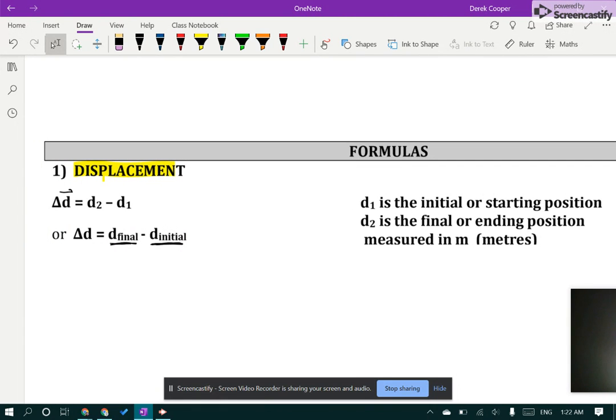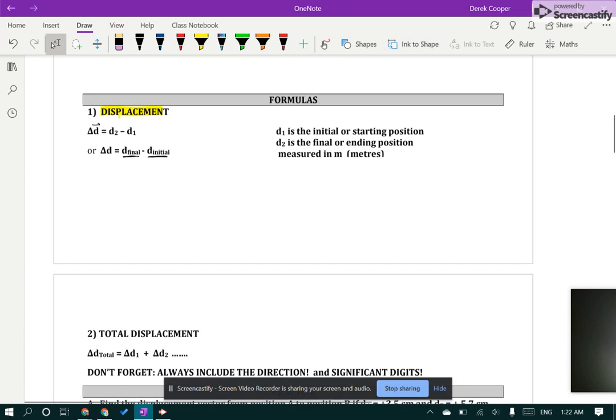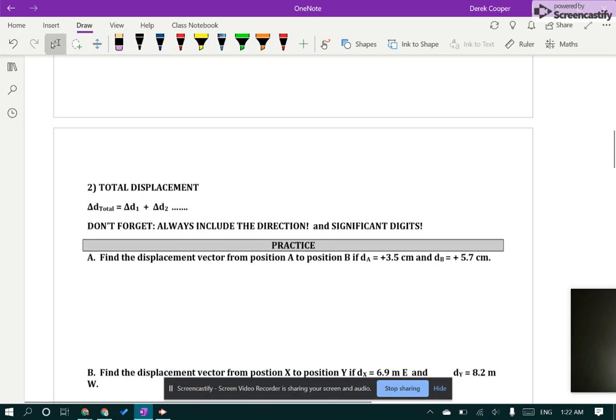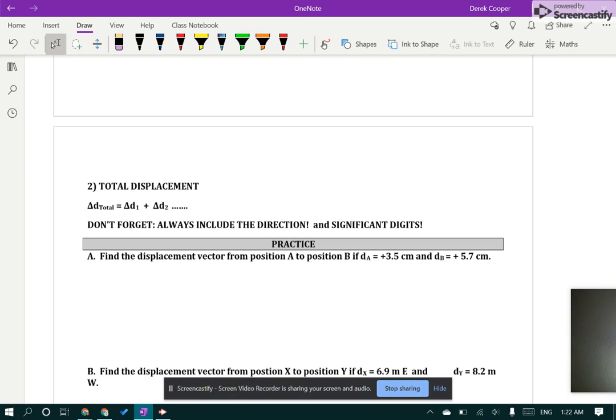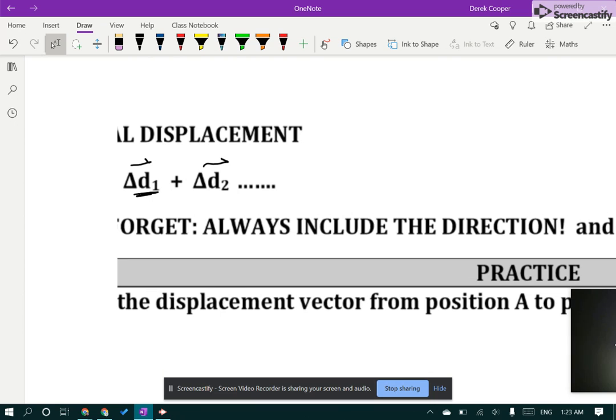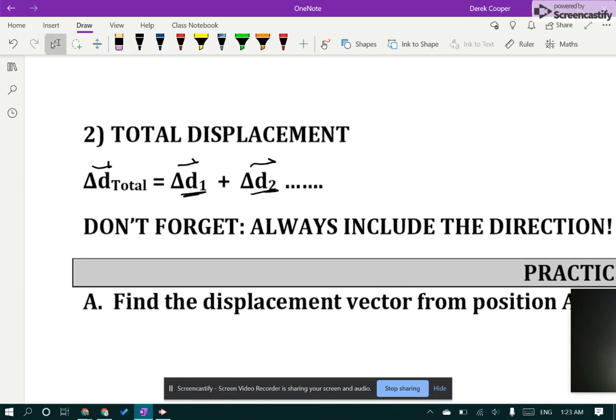And we try and measure these in meters. So that's formula number one. Our total displacement is the change in displacement for the first one plus the change in displacement for the second one. So we'll show how this looks.